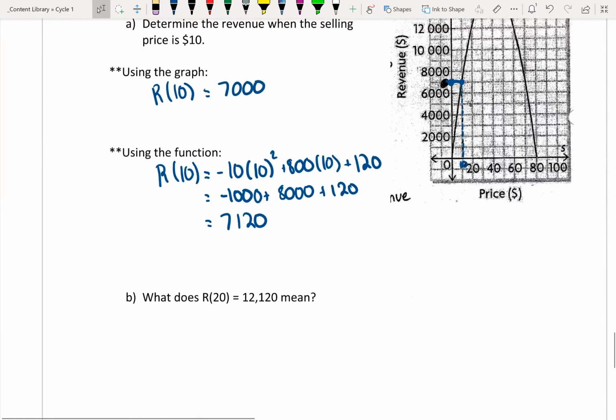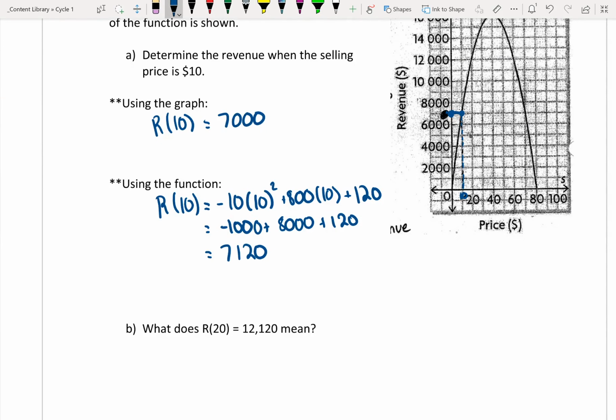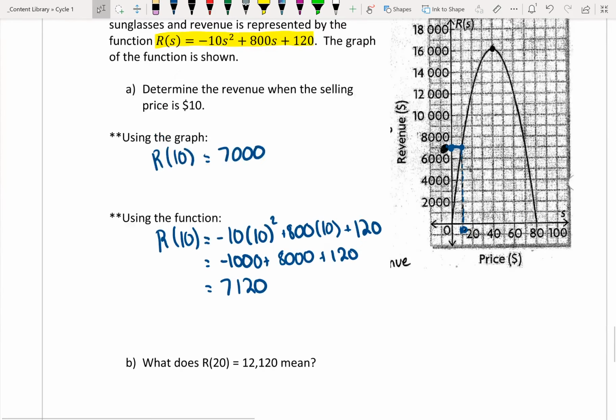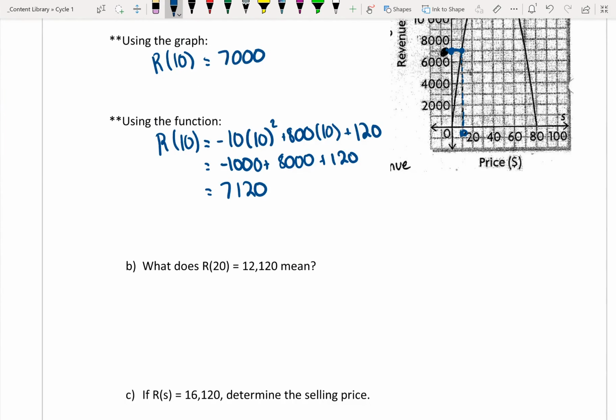For part B, what does R at 20 equals 12,120 mean? Remember, the 20 is the S based on our function.